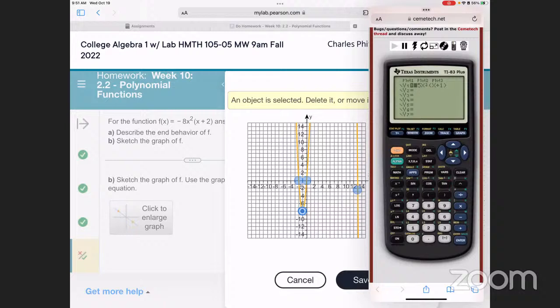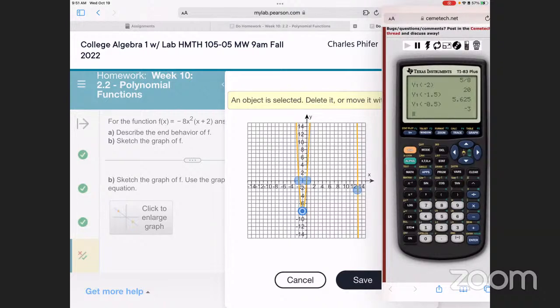I'm going to go here, my y equals negative 8x squared, parentheses x plus 2. I'll give myself just a moment. And when x is a half, you can hit delete or change it to a 0. Okay, cool. We got a clean one.